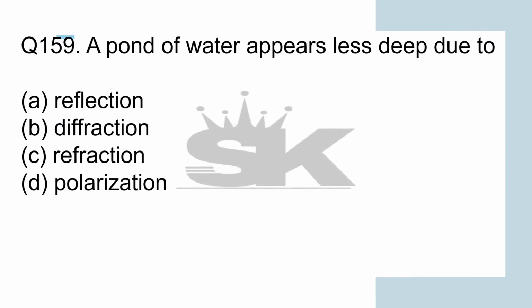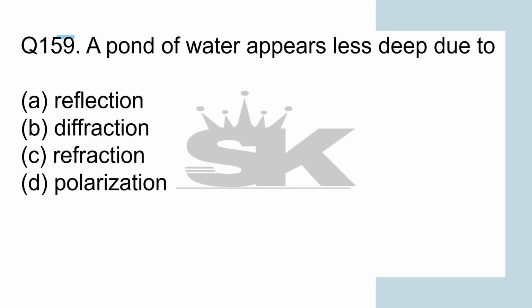A pond of water appears less deep due to, everyone knows that, right? Refraction, due to the refraction. A pool of water appears to be less deep than it actually is because the light rays from the bottom of the pool are bent away from the normal as they pass from the water into air. This makes the pool appear shallower than it really is.